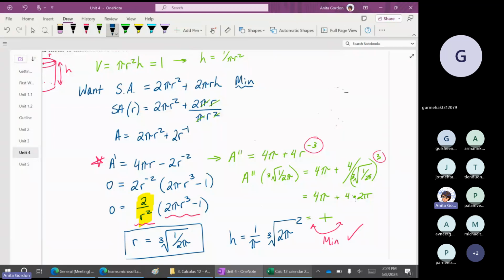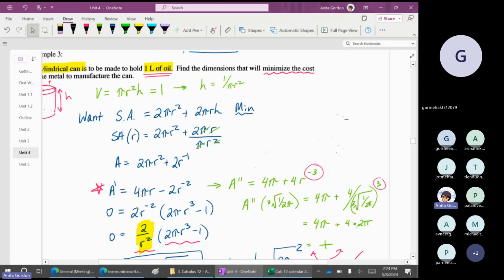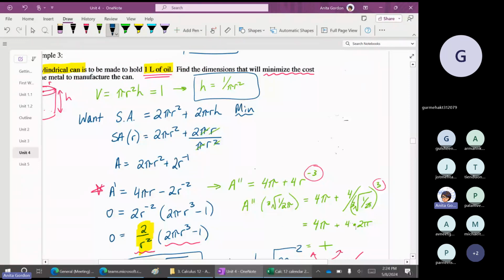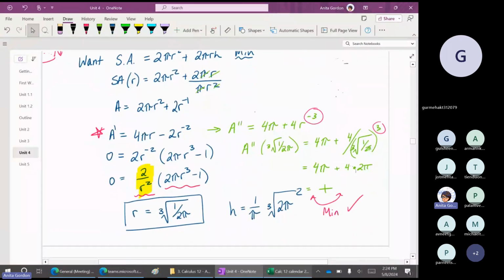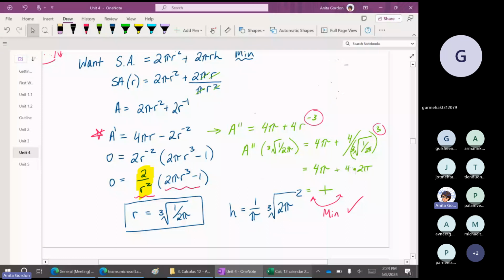Tell me if you understood what I did there. Because it's a negative, it's in the denominator, so if I invert it, then now it's in the numerator. Here's the original for H. 1 over pi, and r squared is in the denominator, so I made it in the numerator by inverting this. Oh, okay.